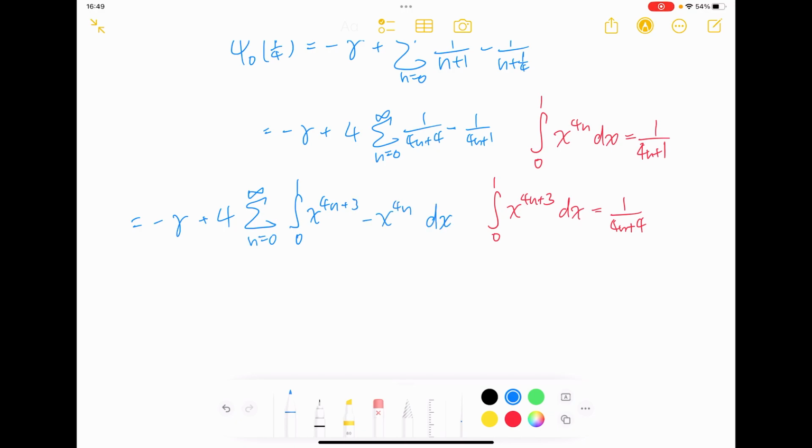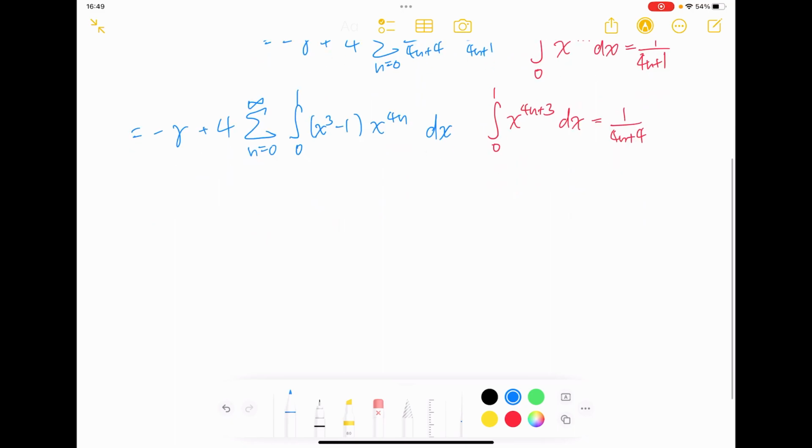We notice that we can factor this as x cubed minus 1 times x to the 4n. First we're going to switch the sum and integral, because it's a proper integral, so it converges. While we're doing it, we pull out the factor of x cubed minus 1 outside of the sum because it doesn't depend on n.